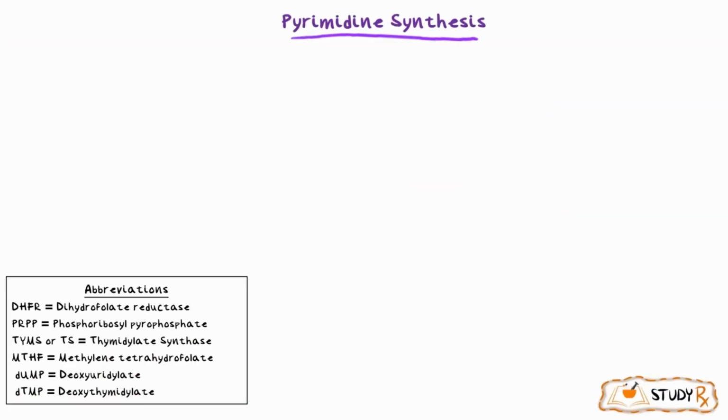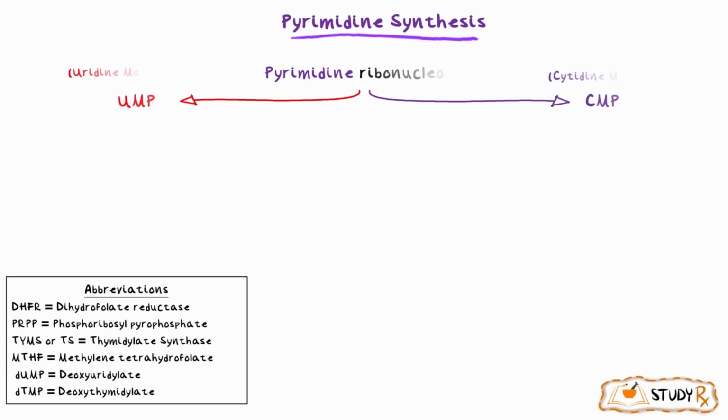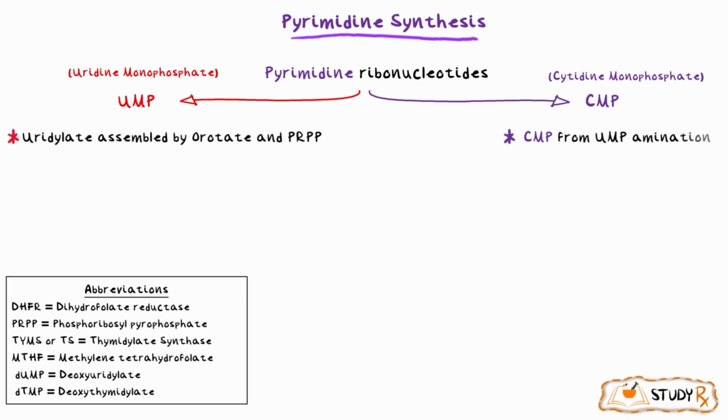Pyrimidine ribonucleotide synthesis involves uridylate monophosphate, UMP, and cytidine monophosphate, CMP. UMP is derived from the assembly of orotate and PRPP, while CMP is derived from amination of UMP and reduced to form dCMP.